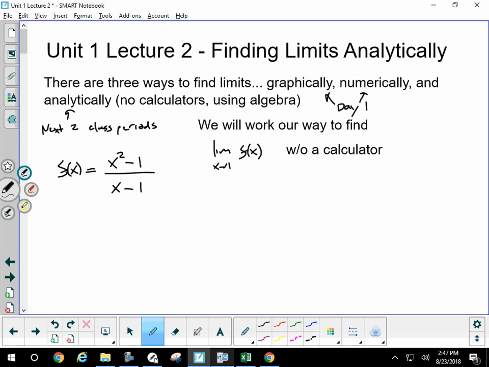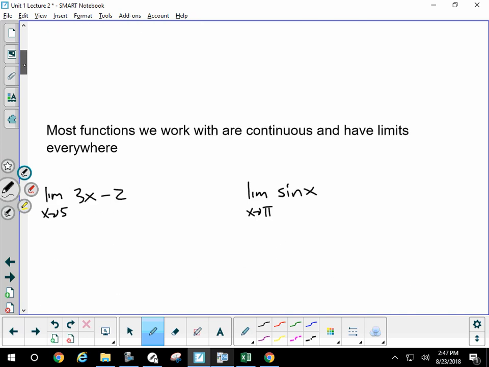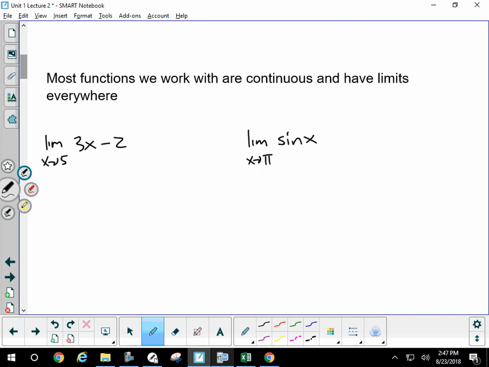Okay? Now it's important to know that with most functions, limits equal our function values. If something connects smoothly, is continuous, doesn't have any holes or jumps or asymptotes, to find a limit, it's easy. Just find the function value. Plug in 5, and you get 13.